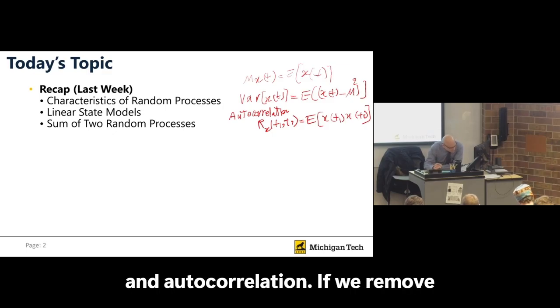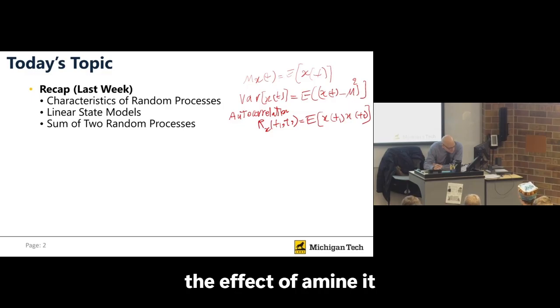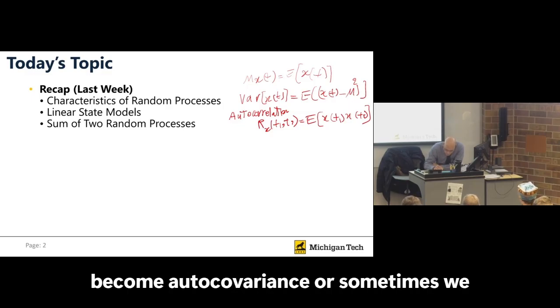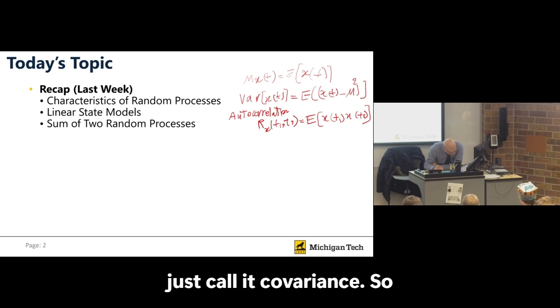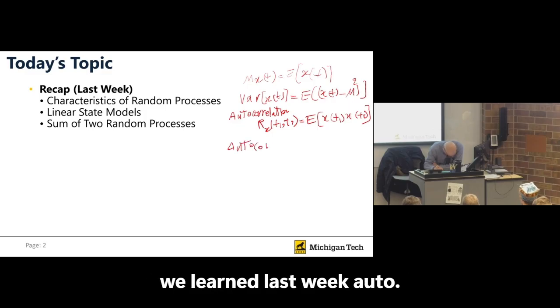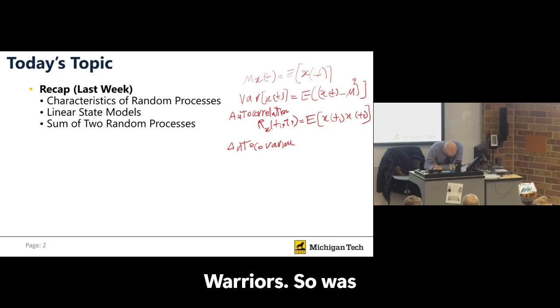And autocorrelation, if we remove the effect of a mean, it becomes autocovariance, or sometimes we just call it covariance. So that was something else that we learned last week. Autocovariance was removing the effect of mean.